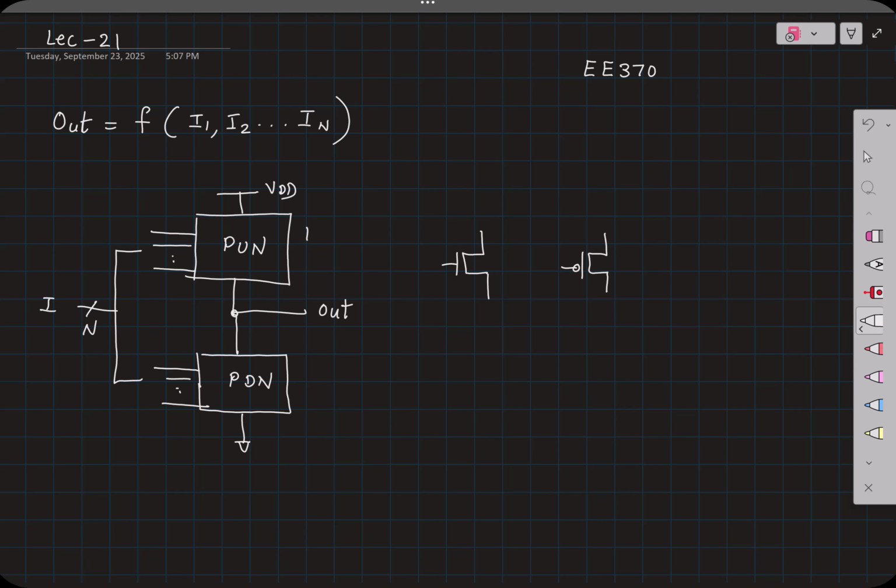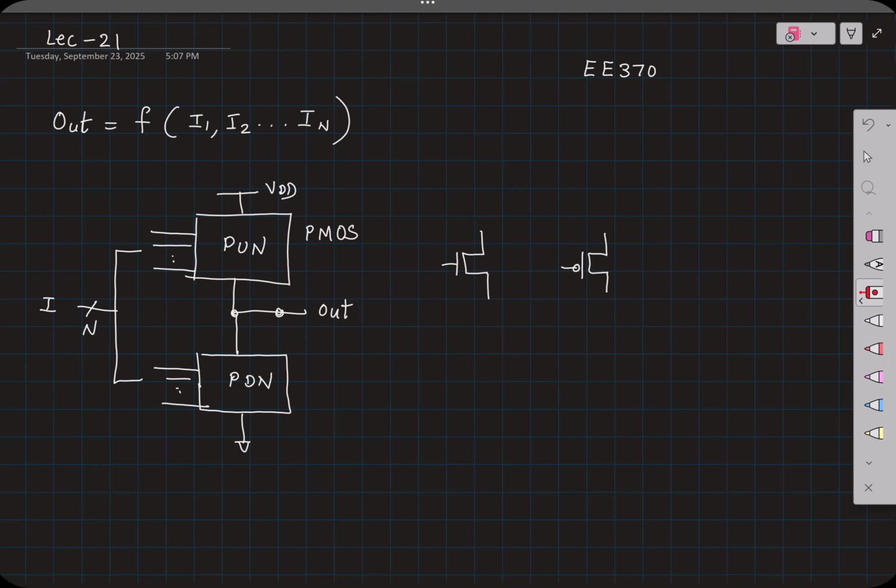You would use a PMOS transistor. Why? Because a PMOS transistor will be able to pull this node all the way to VDD. A PMOS transistor, we say, is good at passing 1, that is logic 1, or in other words, good at passing VDD. Similarly, an NMOS transistor will be able to pull down this voltage all the way to the ground, or in other words, we say an NMOS transistor is good at passing 0.